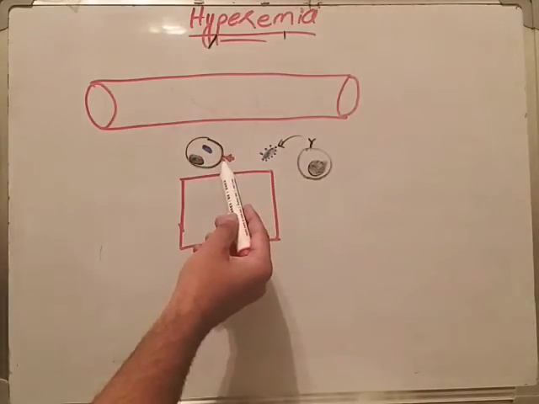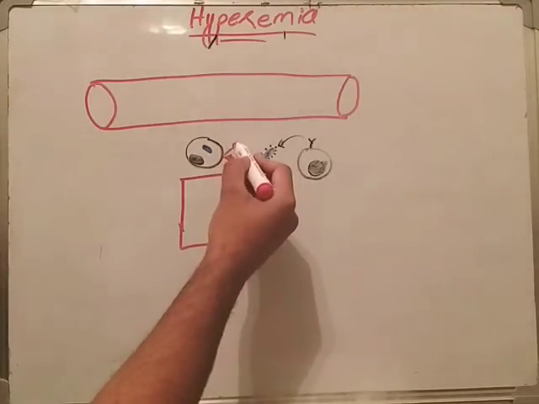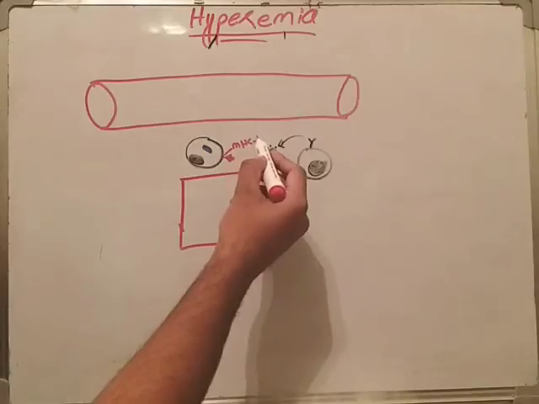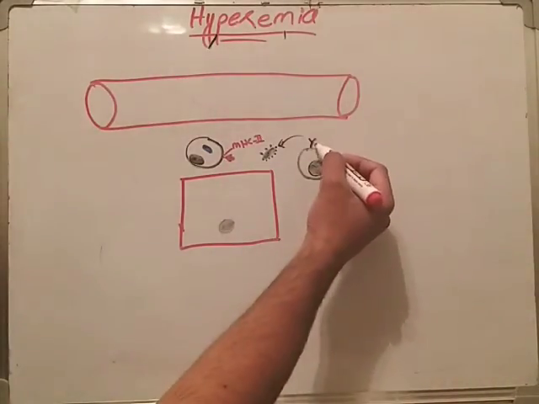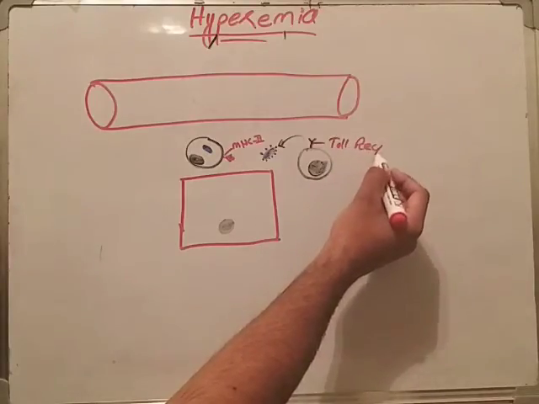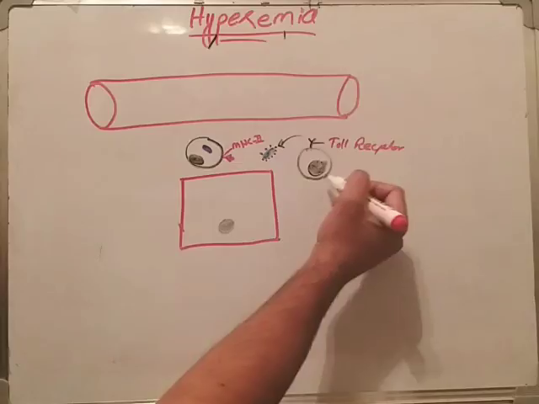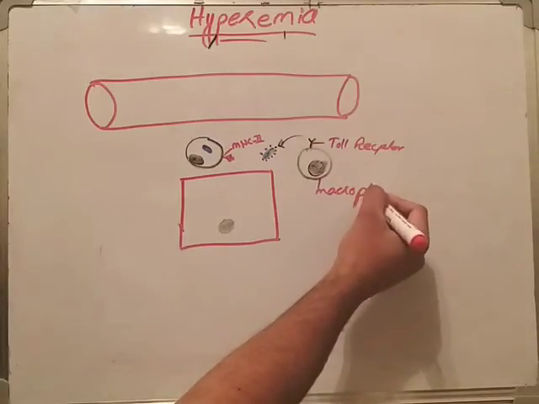And this molecule which is presenting the antigen is what we call an MHC class 2 molecule. And here we can say it is a toll receptor. And this is what we call a macrophage, a phagocytic cell.